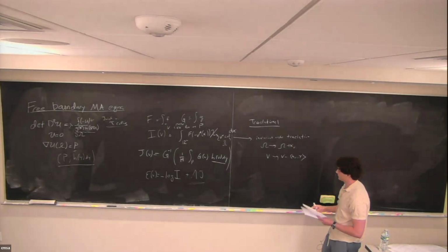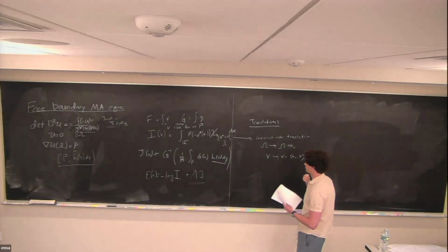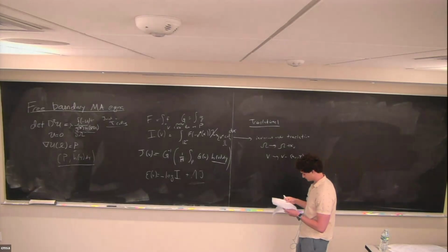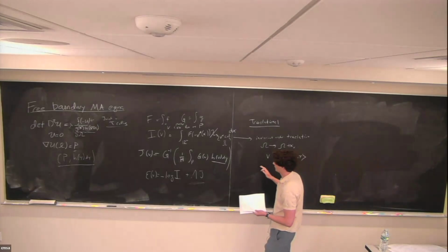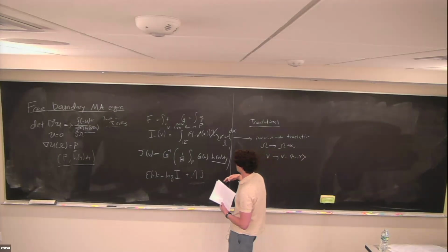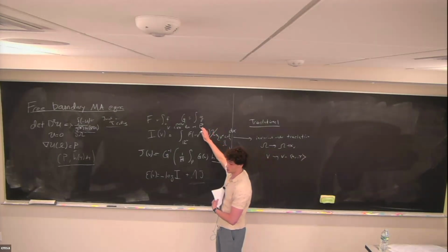So this is exactly where the obstruction comes in, because now if we were to have a critical point, that means that this function is not going to change along any of these variations here, but now this one will.